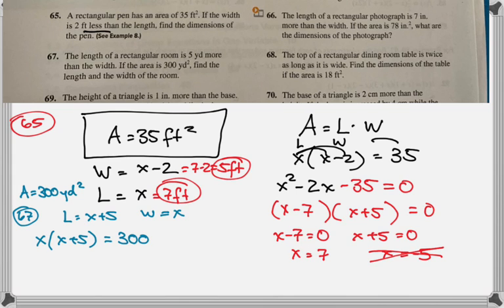We got to multiply it out. X squared plus 5x, and set it equal to 0, so that's minus 300.